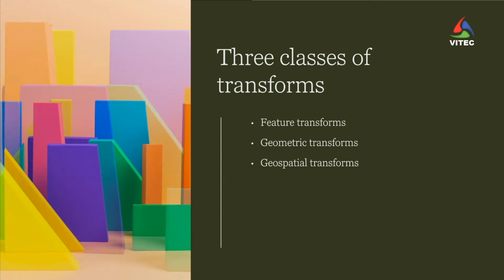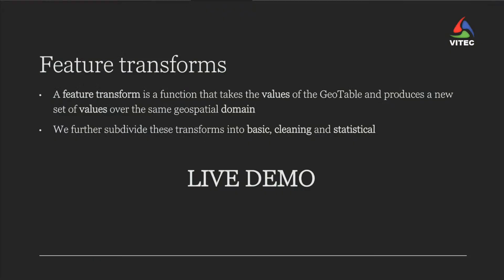You concentrate on the domain, rotating the physical region, stretching it, doing something with the physical domain, and returning a new geotable. And there's this more general class, the geospatial transforms, which is a mix of the two. It can take both the values and the domain at the same time, do some operation that involves the two, and return a new geotable. These are the three classes that we're going to cover here.